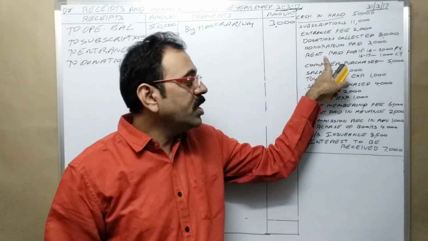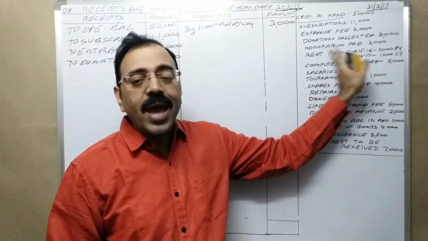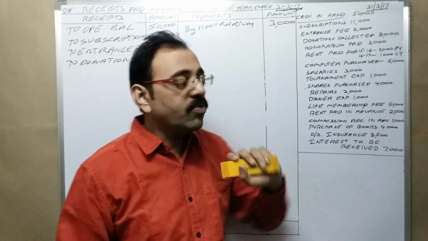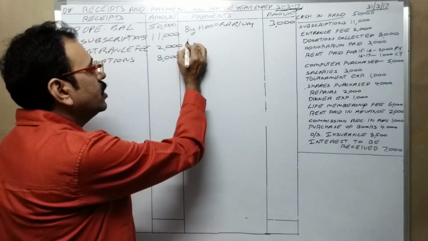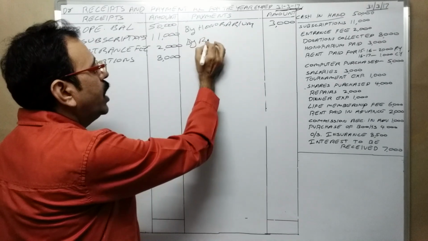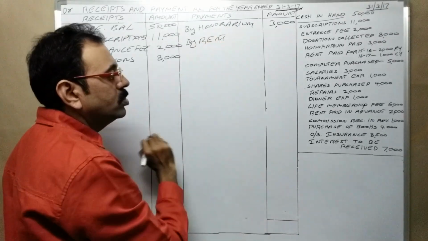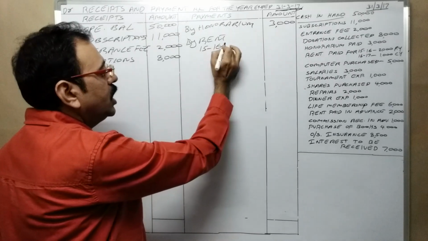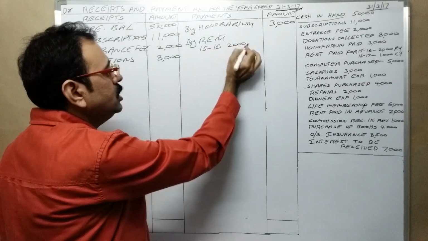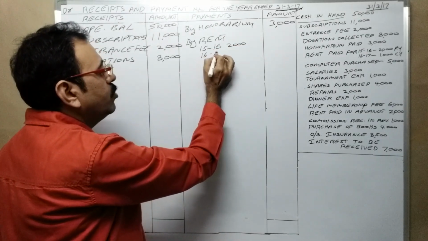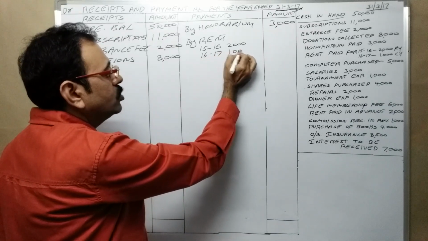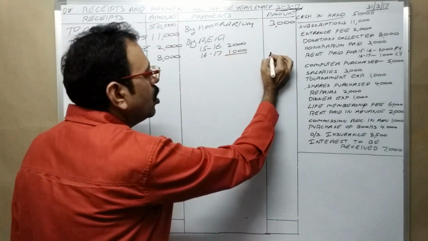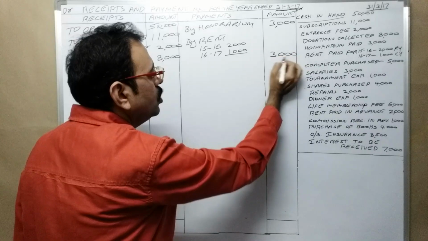Now, in the current year, towards rent, cash is going here. Therefore, record that on the credit side by rent account. In the inner column you can show previous year amount is 2,000 rupees and current year amount is 1,000 rupees. In the outer column 3,000 rupees.